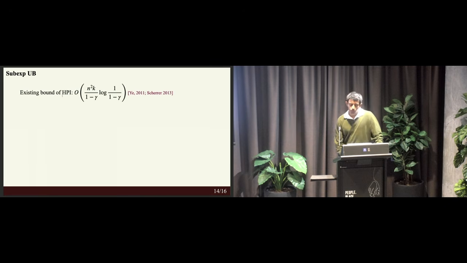Now, there exists a strongly polynomial bound for Howard's policy iteration in this format, where gamma is a parameter. Now notice here, if we increase gamma, like if we make it very close to 1, this can become very large, like this can become exponential.